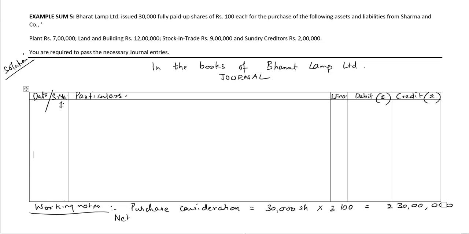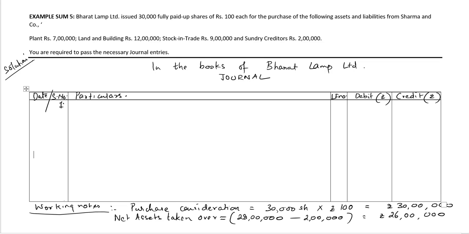Net assets taken over is equal to the total of the assets taken over: plant rupees 7 lakh plus land and building rupees 12 lakh plus stock in trade 9 lakh. It comes up to 28 lakh minus the sundry liabilities taken over, which is sundry creditors of rupees 2 lakh, comes up to rupees 26 lakh.